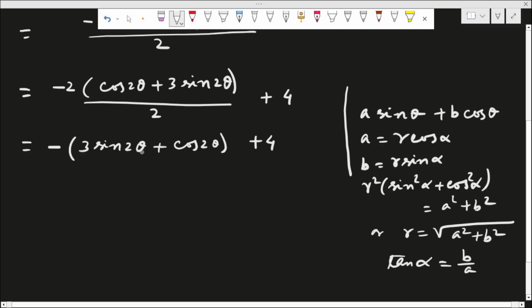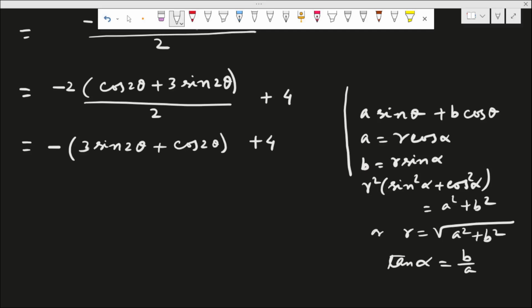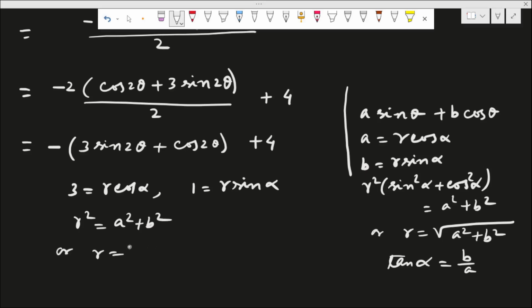In this case, what is A is equal to 3. 3 is equal to R cos alpha, 1 is equal to R sin alpha. So R square is equal to 3 square plus 1 square, or R is equal to root 10.